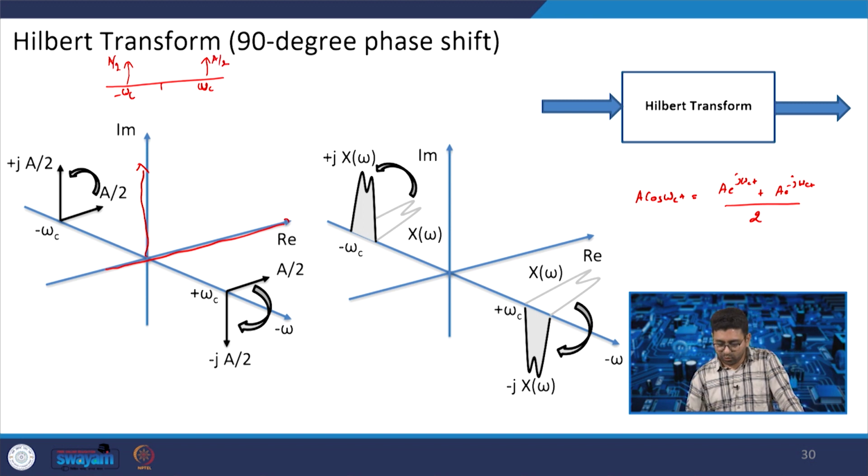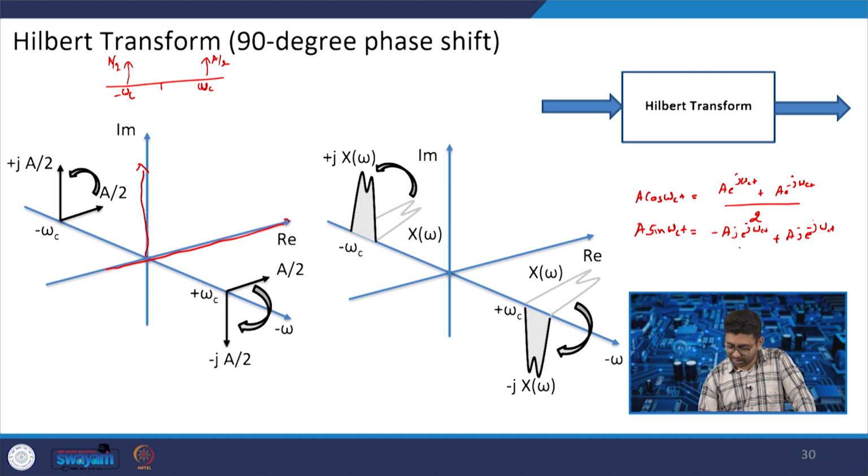Now, if we try to write A sin omega_c t, it is written as minus A j by 2 e raised to j omega_c t plus A j by 2 e raised to minus j omega_c t.